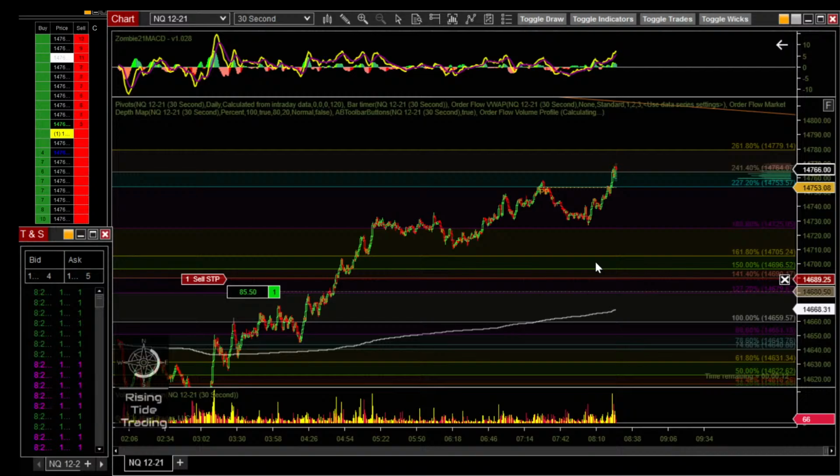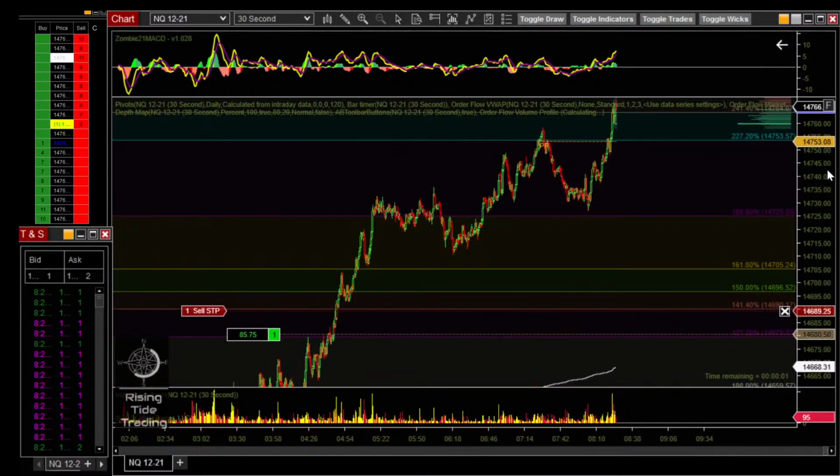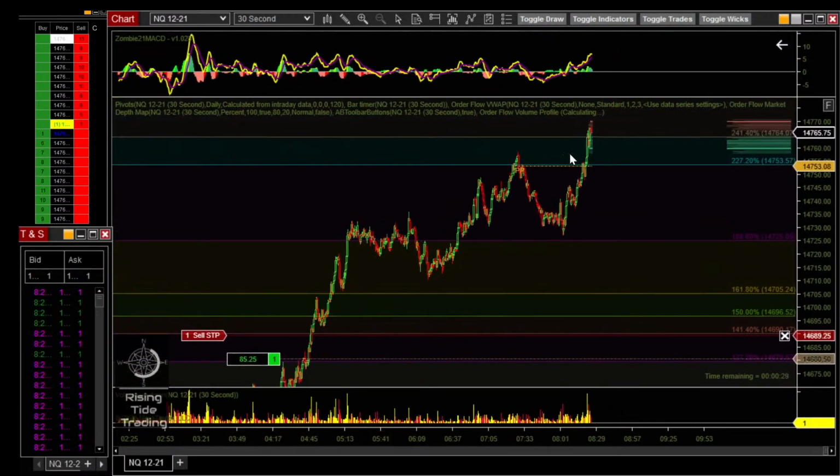Hey, Brian, I know you want to enter here to go up, but it's a risky trade. There's no reason to enter there. This would be making a double top by the pivot point. It had everything to turn around.